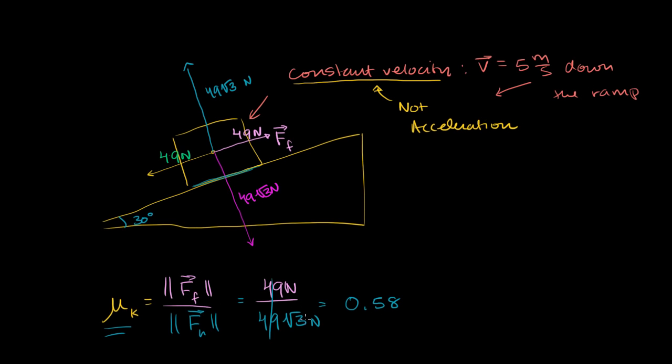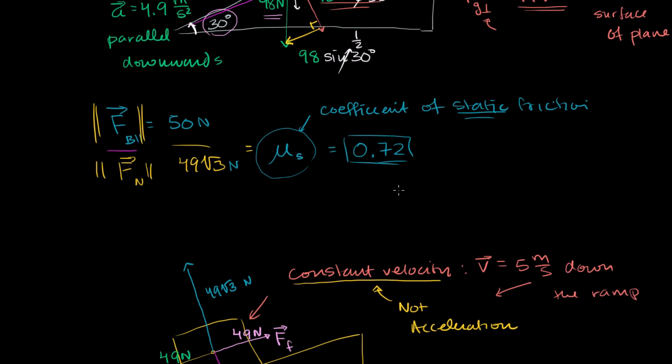It's a unitless measurement. Now, the interesting thing here is that the way I've set up this problem, the coefficient of kinetic friction is lower, if we assume the same materials, than the coefficient of static friction was. And for some materials, they might not be that different. But for other materials, the kinetic friction can be lower than static friction.